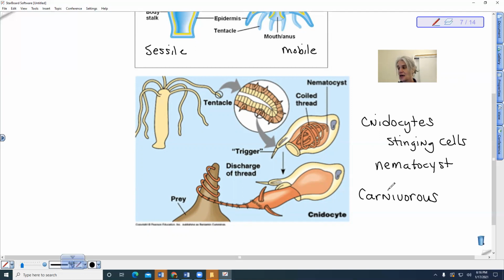It's a crazy thing, okay? So this shows that nematocyst within the cnidocyte. This is the nucleus of the cnidocyte. This is the trigger, and it causes this super fast, like millisecond response, where this comes shooting out and penetrates the surface of the skin.